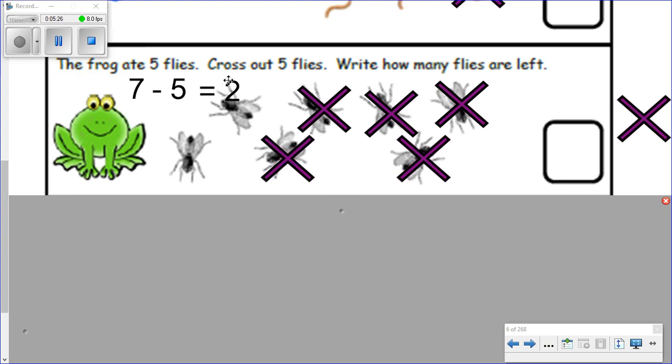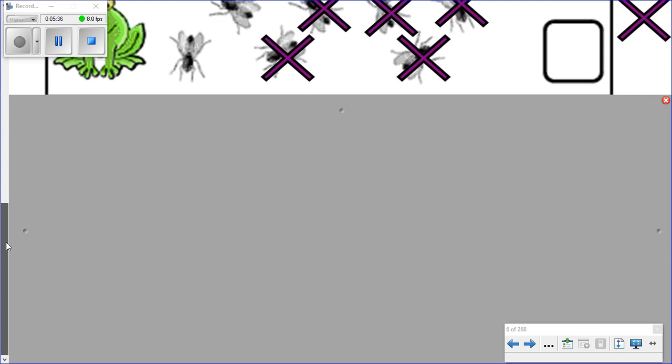And we'll move it right up there so you can see that number sentence. I'll bet you're ready to do another one with me. Let's go. I've got another one on this page.